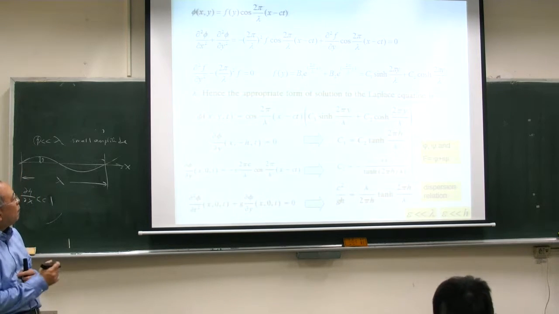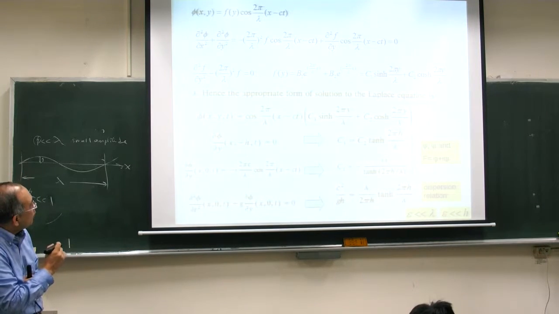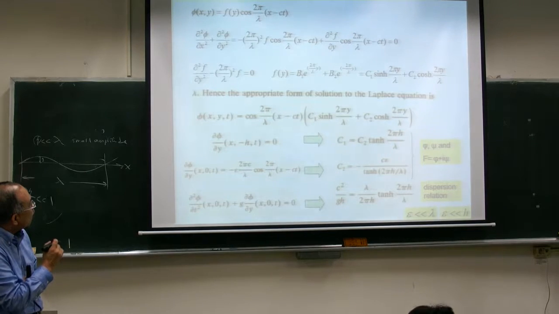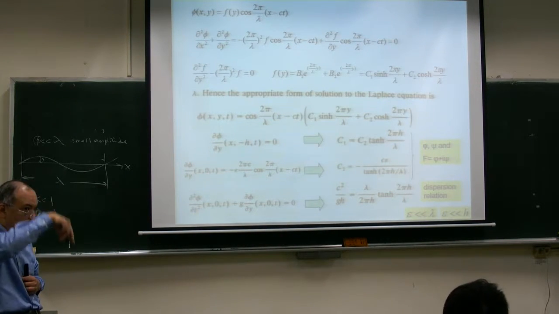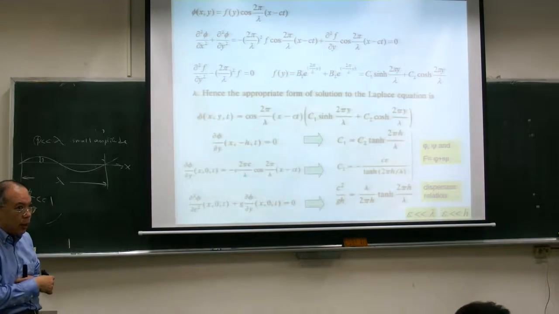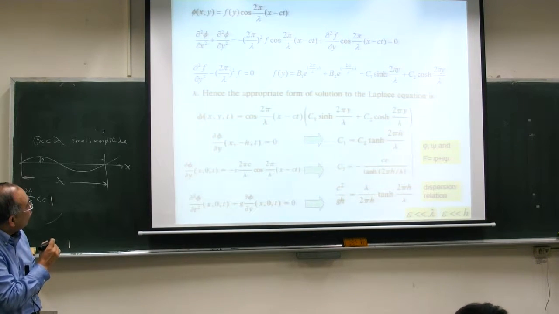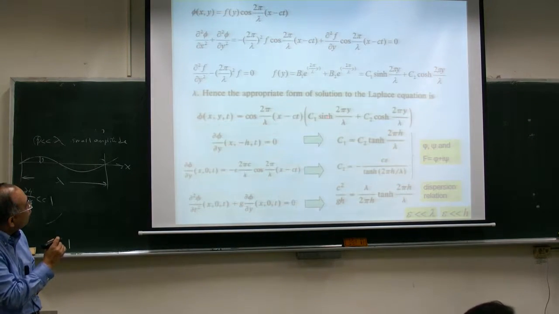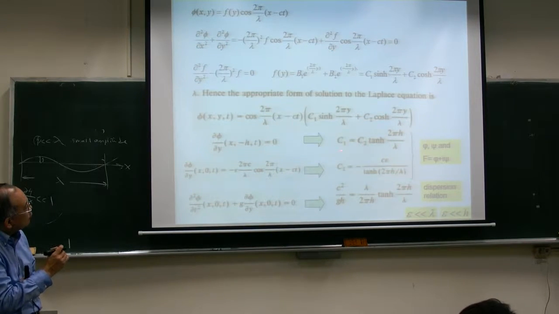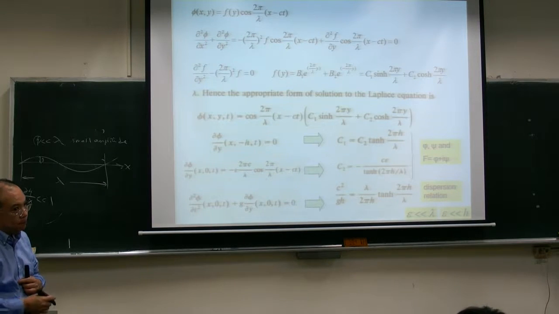So for the boundary condition, on the bottom wall here, partial phi partial y at y equal to minus h should be equal to 0. That's no flow penetrating into the bottom wall, right? So the v velocity at the bottom should be equal to 0. By applying partial phi partial y to this equation and substituting y equal to minus h, you should be able to get this: C1 should be equal to C2 times hyperbolic tangent of 2 pi h over lambda.